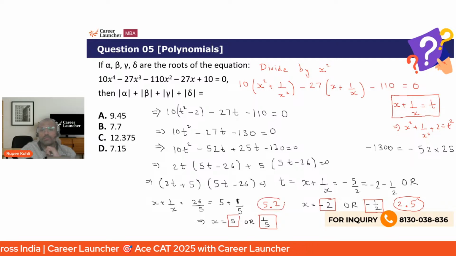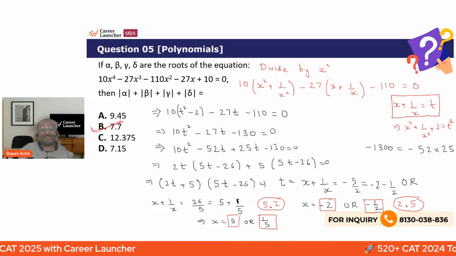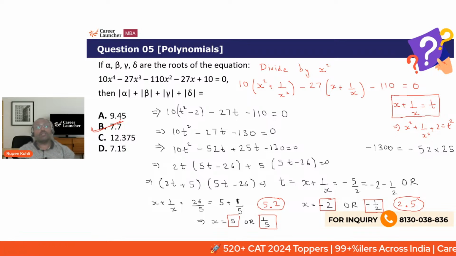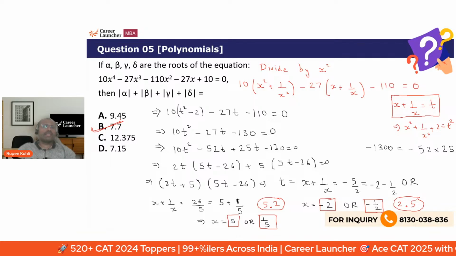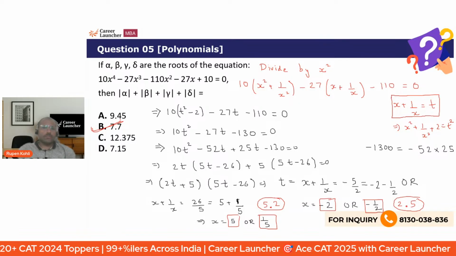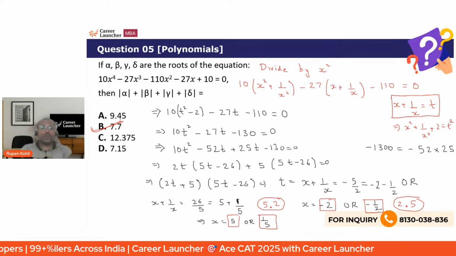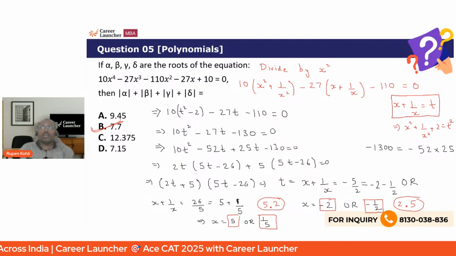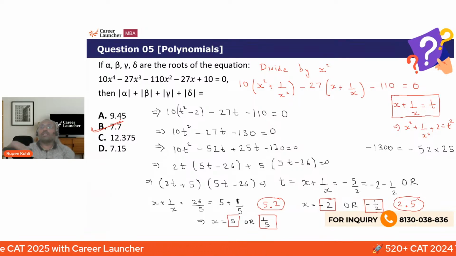So 5.2 and 2.5, which is 7.7. All right. Okay, so equation reducible to the quadratic form, right? So next time if you see such a problem with symmetric distribution of the coefficients with a fourth degree polynomial, this is the manipulation that is required.